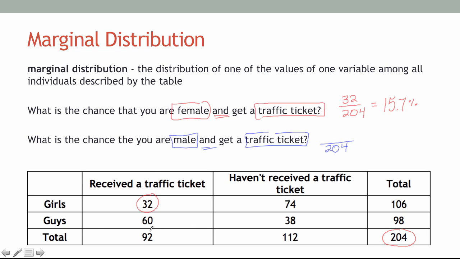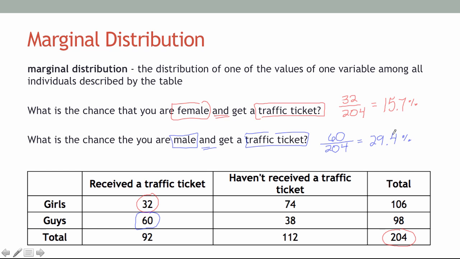Now let's look at the guys. There are 60 guys out of the 204. So based on this population, it'd be 60 divided by 204. If I turn that into percent, that is about 29.4%.